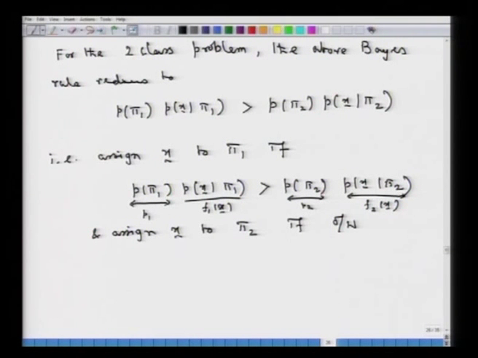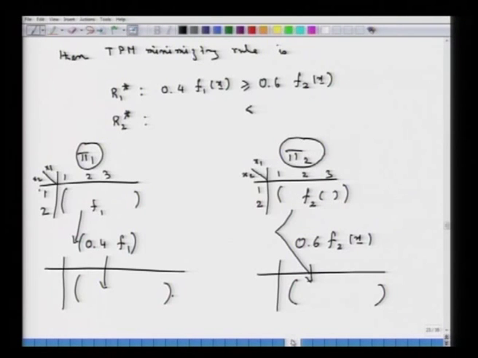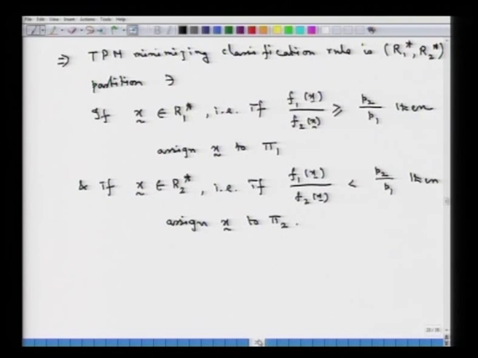Once again, look at the rule that we had. This is the total probability of misclassification rule. It is basically the region wherein we have got this. For a continuous distribution, this equality does not matter, since we will have that equality with probability 0.